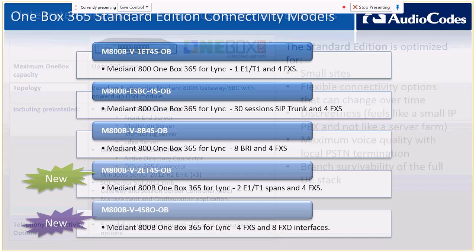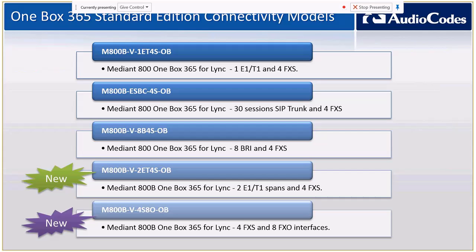So as I said before, it comes in 5 pre-configured models. Now these models are how you connect to PSTN. So it includes the gateway, which is your connection to PSTN, right? So you can see with the first model, you can do a T1 and 4 FXS ports, which are like fax ports or analog telephones.